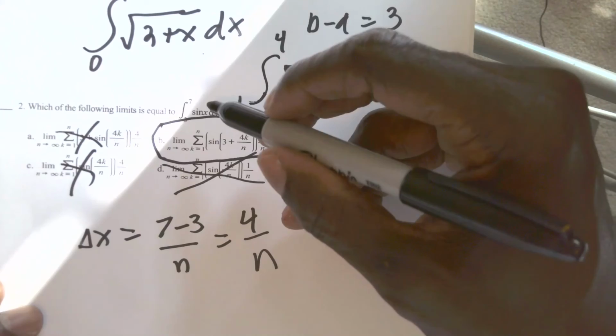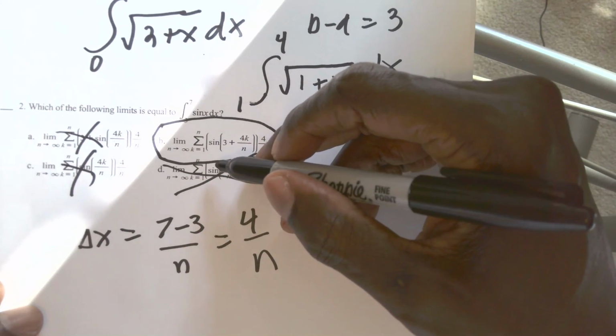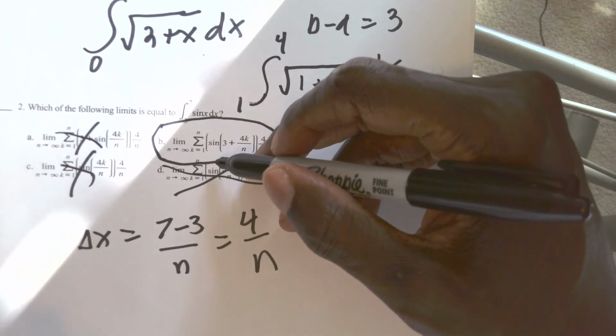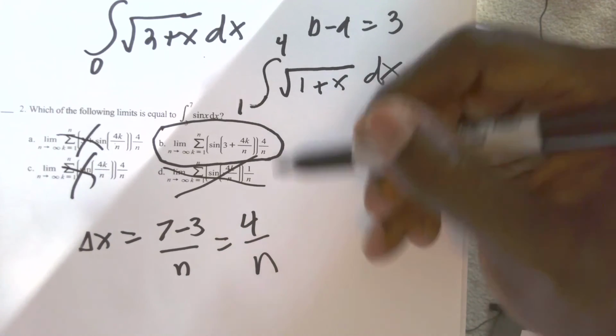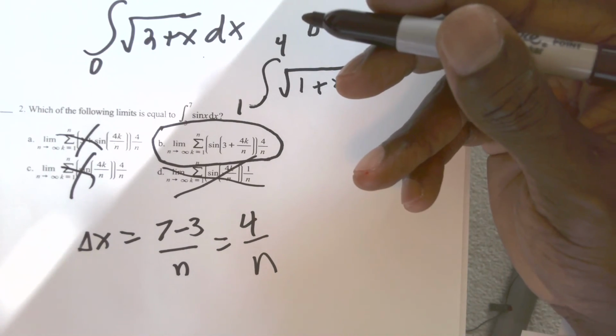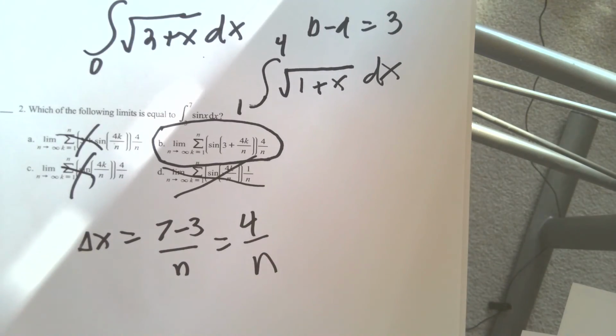It's when they give you the sigma notation that there are multiple options for the definite integral. But really, when they give you the definite integral, there's one option for the sigma notation. And I say really because this is how it's written as a right Riemann sum. It could be written differently as a left Riemann sum. So just keep that in mind.